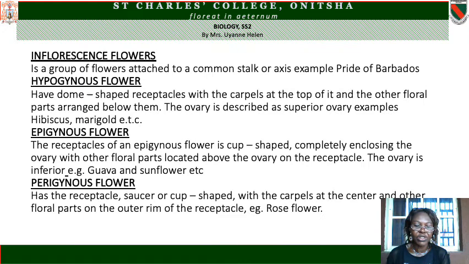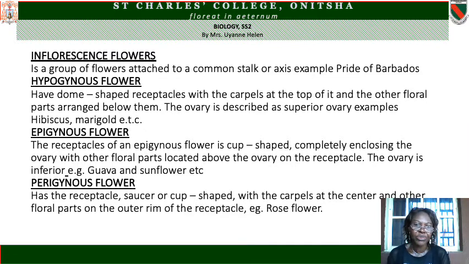While an inflorescence is a group of flowers attached to a common stalk or axis. An example is Pride of Barbados. When you get to a Pride of Barbados plant, you discover that the flowers are always in a bunch at a particular tip. That is what we mean by inflorescence. But hibiscus occurs singly, that is solitary.